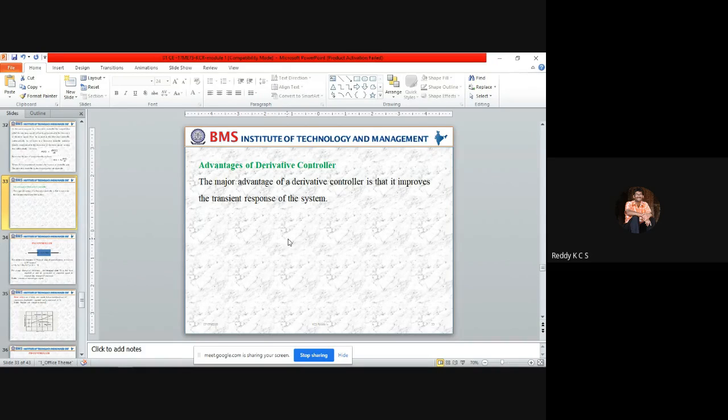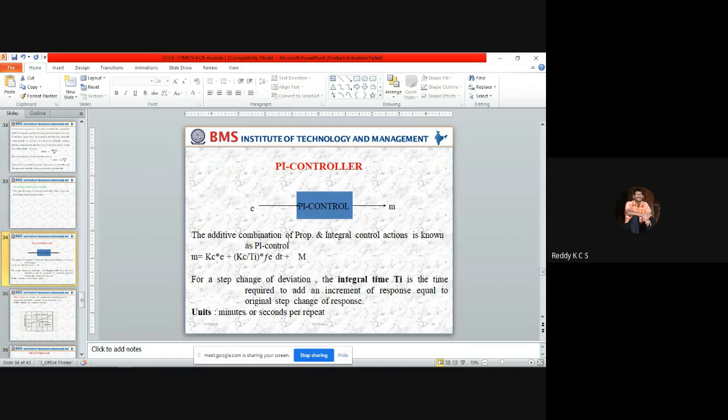Now coming to the combinational controllers: as I told, the individual controllers have their own disadvantages, so we can go with combinational controllers, which are called either proportional plus integral or proportional plus derivative, like that.